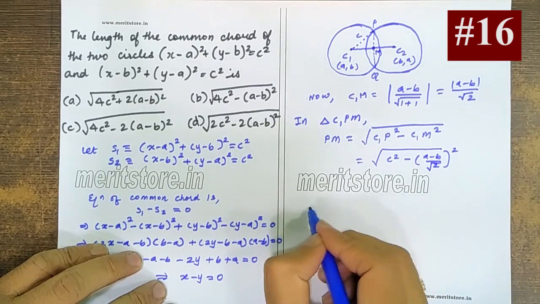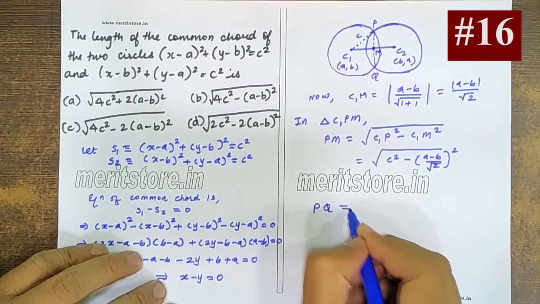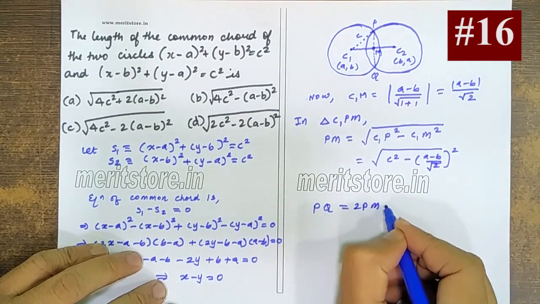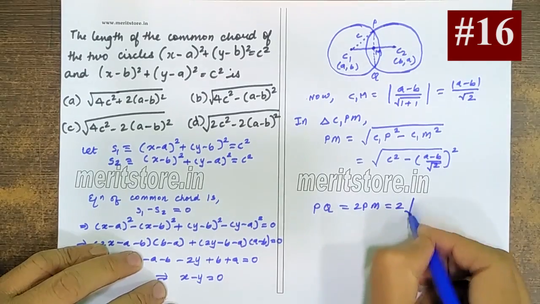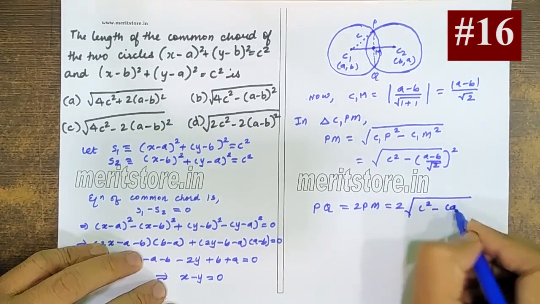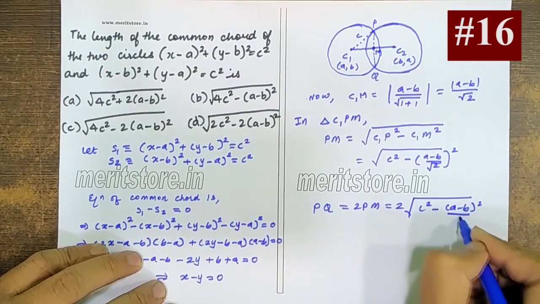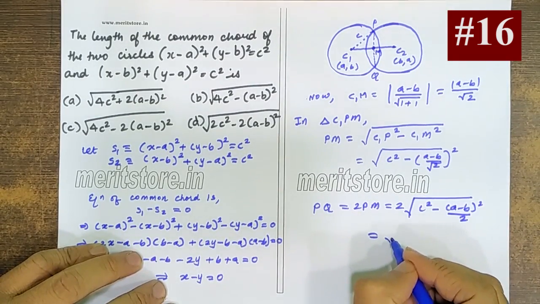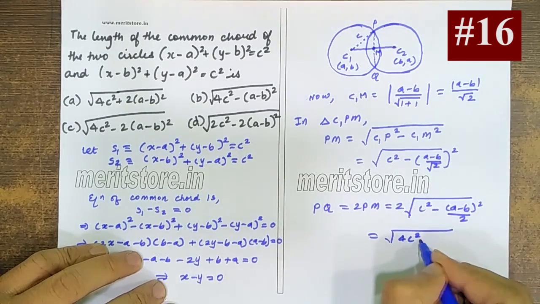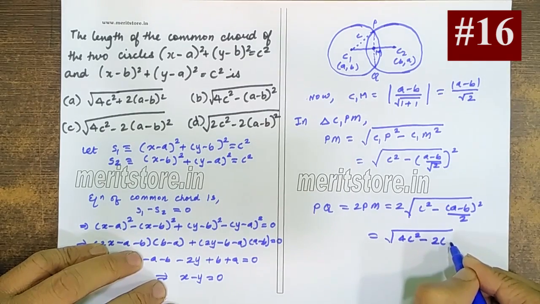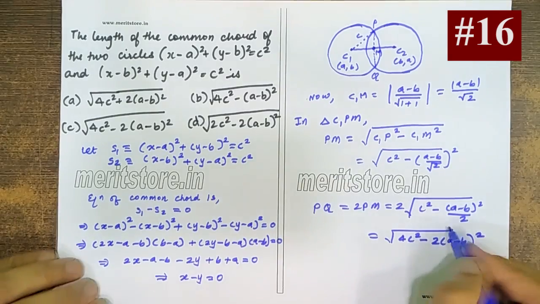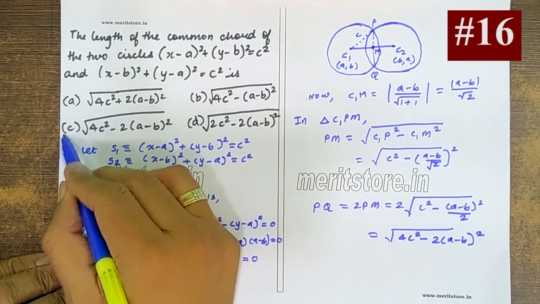On simplifying this, as PQ is nothing but 2 times PM, that is 2 times under root of c square minus (a minus b) the whole square upon 2. On further simplifying, we'll get under root of 4c square minus 2 times (a minus b) the whole square. So that is nothing but the length of common chord. So correct option is C.